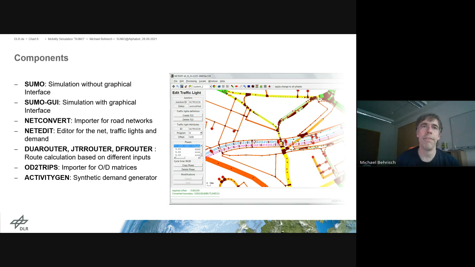So if you don't have any real traffic demand yet, but you have population data about where people live and where people work, then you can try to generate traffic demand from that, just by assuming that people need to move at least from their home to their workplace and back, at least if there's no pandemic around.